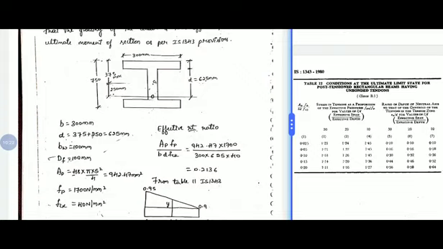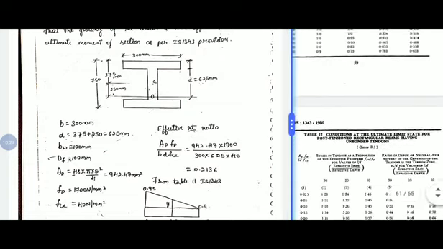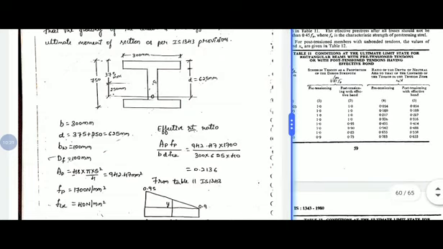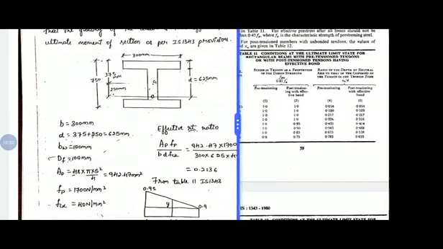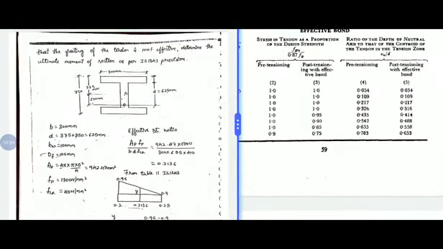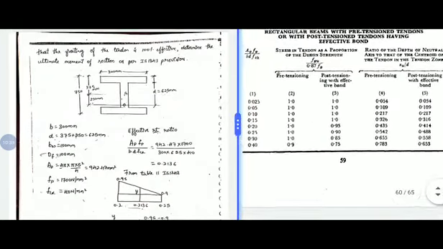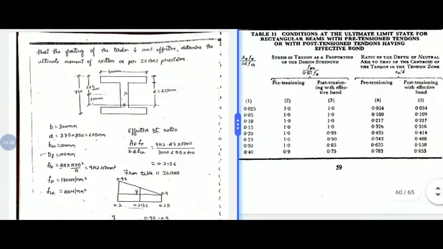So next, the effective reinforcement ratio is 0.2136. Go to table number 11, bonded pre-stressing member. Here you have two conditions, FPU by 0.87 FP. There you have pre-tensioning and post-tension with effective bonding.